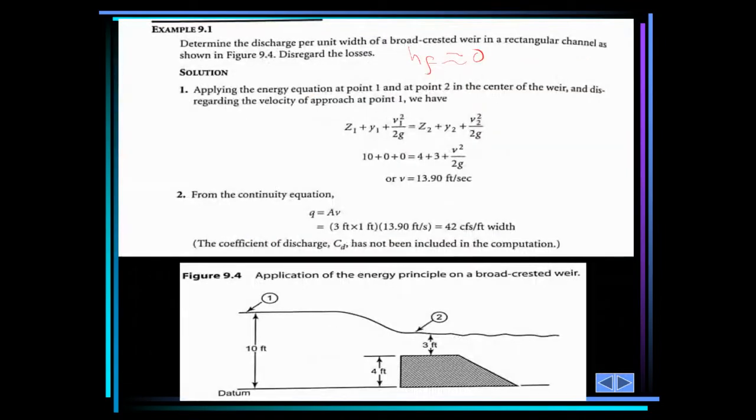Here, we will neglect the velocity of approach. This is the energy equation, so let's analyze it term by term. We are neglecting the velocity of approach, so this gives 0. And it is horizontal, rectangular.